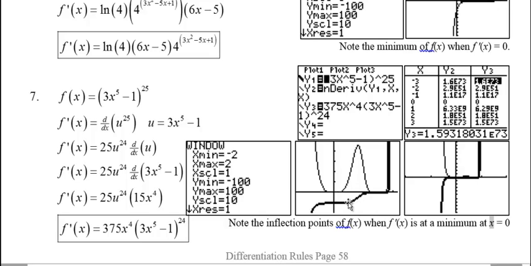Then the original function is still increasing right here, so the derivative is still positive, but the original function is concave down for a little while, and so the derivative starts to decrease. The derivative hits a minimum here, and the original function hits an inflection point, and they both hit 0 at the cube root of 1/3, which is right there, and from there on they're both increasing, concave up, and positive.